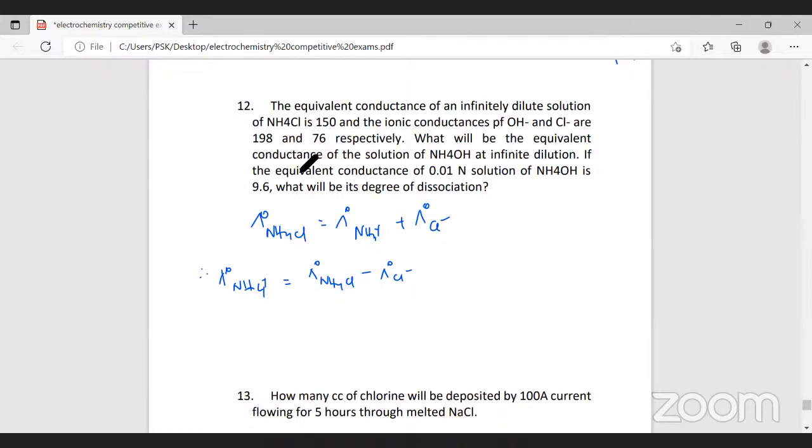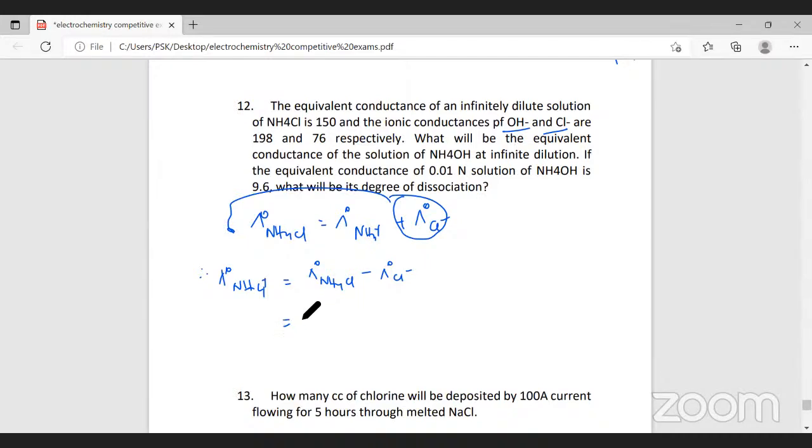They have not given you directly the conductivity of ammonium ions. They have given you the conductivity of OH minus ions and Cl minus ions. So for ammonium chloride, it's ammonium ions and chloride ions. If you subtract this value, you will get only the conductance of ammonium ions. If you take this value to the left-hand side, it becomes minus. So you get conductivity of ammonium ion.